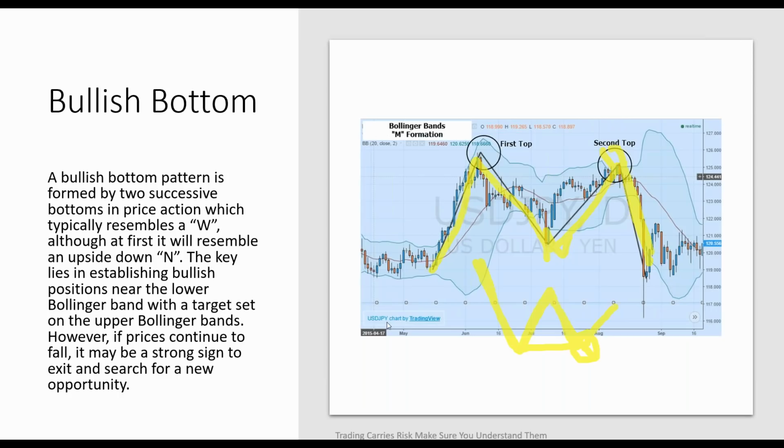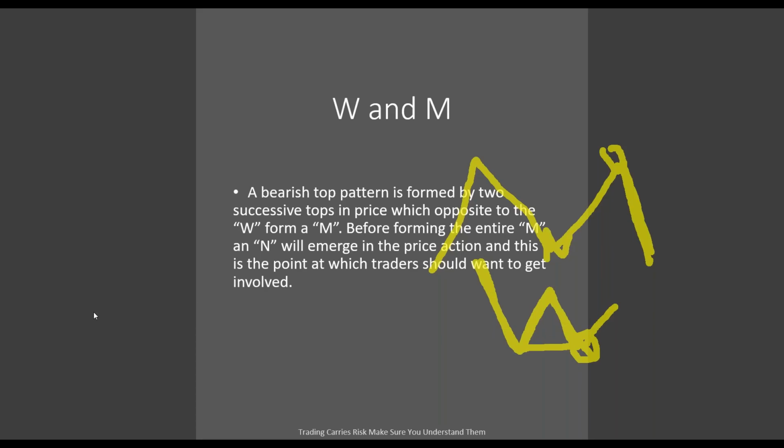The opposite is true when we have the M formation, and we would develop that at the end of the second top at the third leg, and we would take a short position and look for that to come down to the lower band as our target point.